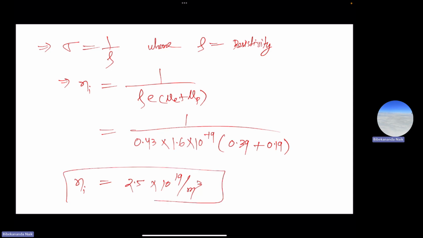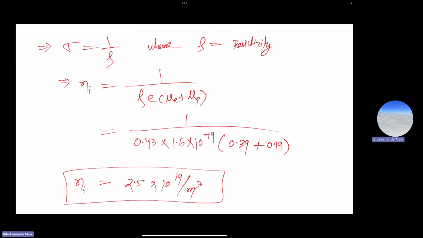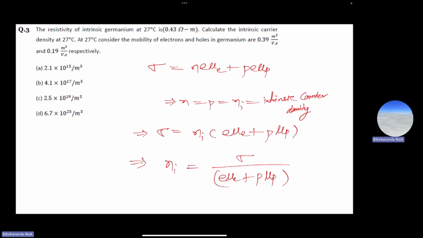So the intrinsic carrier concentration for germanium at room temperature having a resistivity of 0.43 ohm meter is 2.5 into 10 to the power 19 per meter cube. So the correct option is option C.